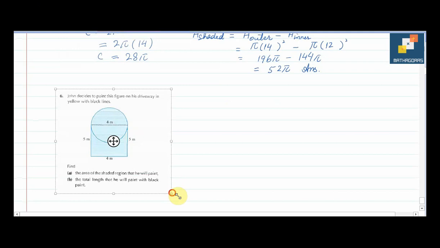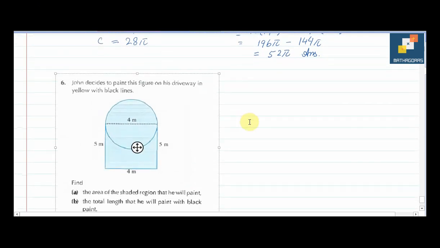So the question says John decides to paint this figure on his driveway in yellow with black lines. Find the area of the shaded region that he will paint. So you need to find the area of the shaded region, right?